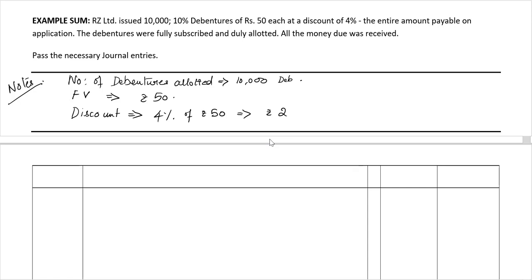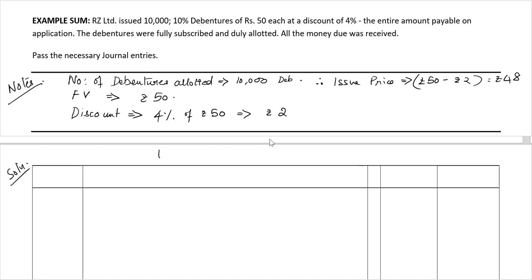Therefore, the issue price is equal to rupees 50 minus the discount of rupees 2, which is rupees 48. We will go on to pass the journal entries.